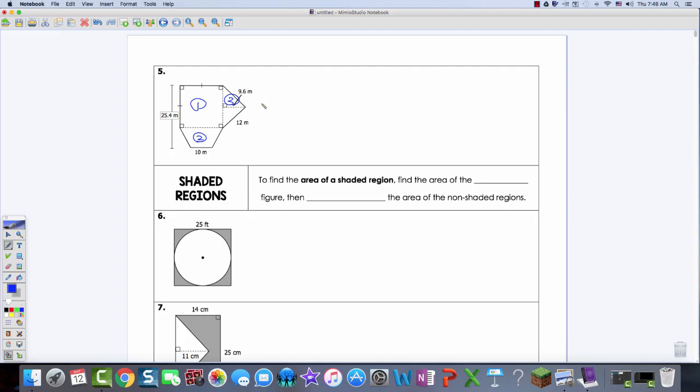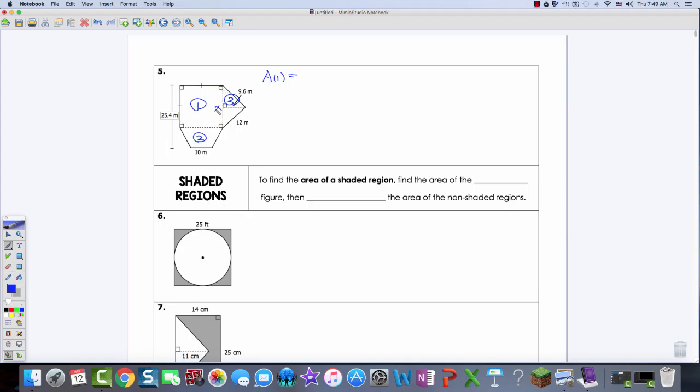Okay, so let's see. If I want to calculate the first area, what do I need to do? First area is here. Do I have the square? Do I have the height? Because it's a square, it's side times side. I don't have anything. Geez. Okay, so I obviously need one side.